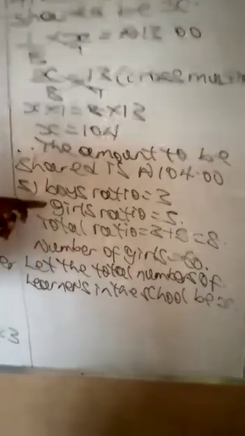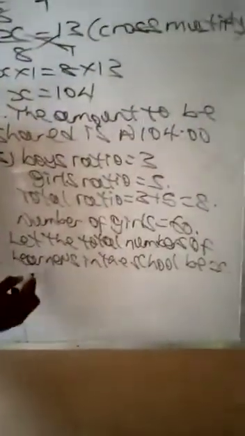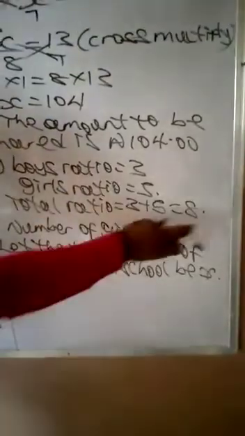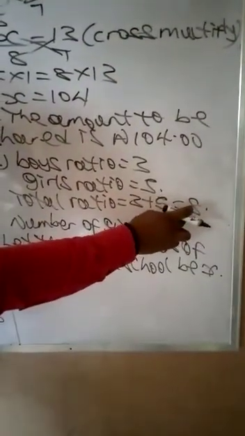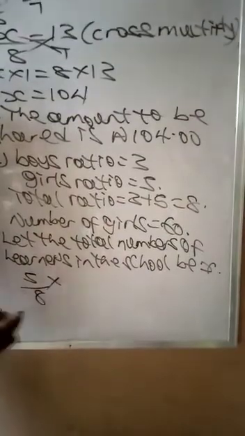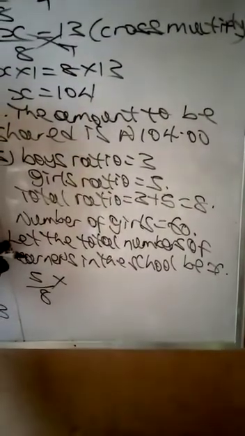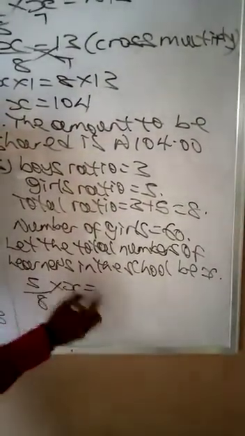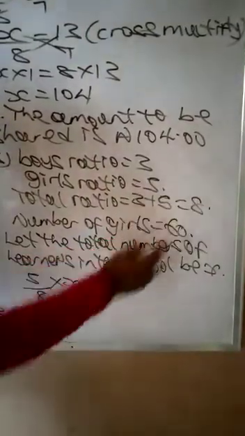So we're going to use the girl ratio, which is 5, over the total ratio times the total number of learners in the school, equal to the number of girls.